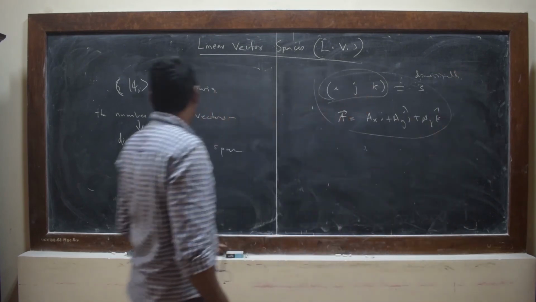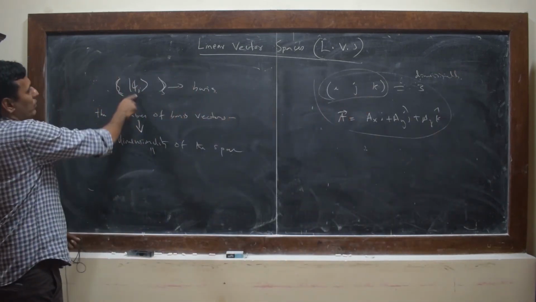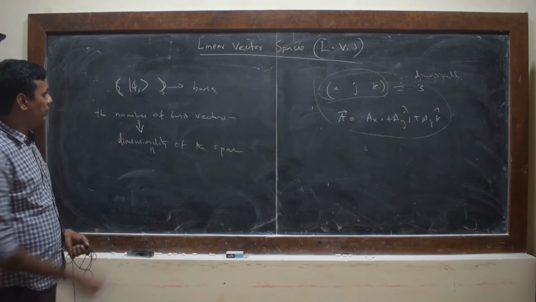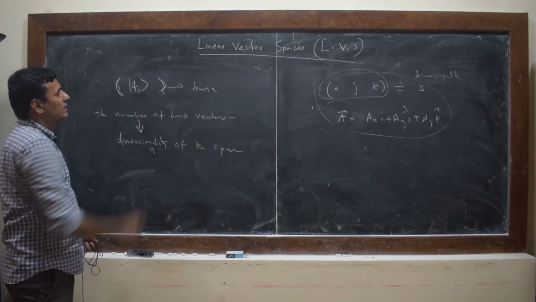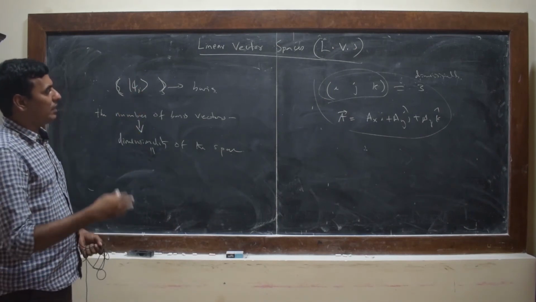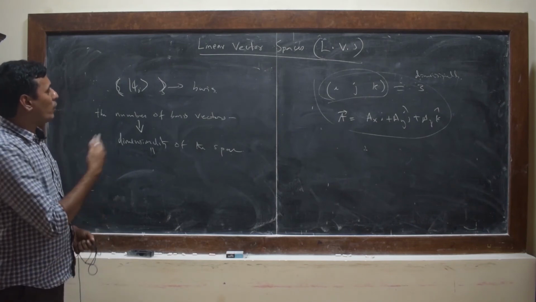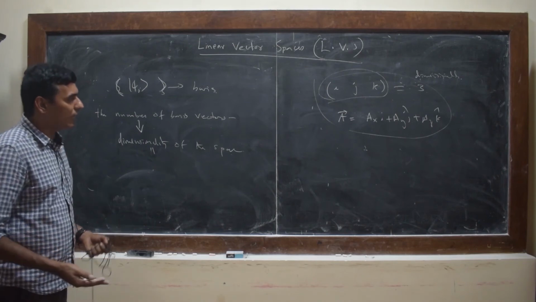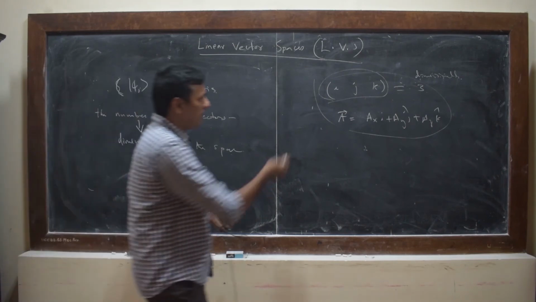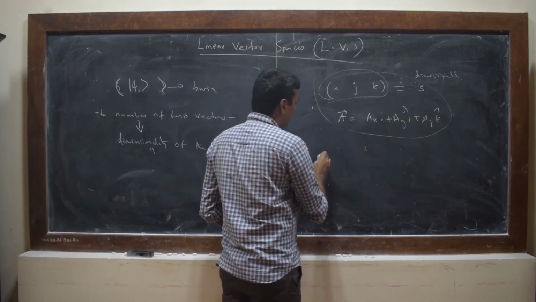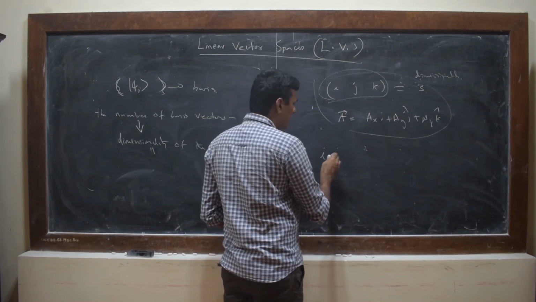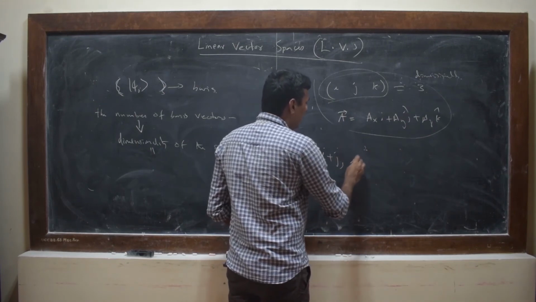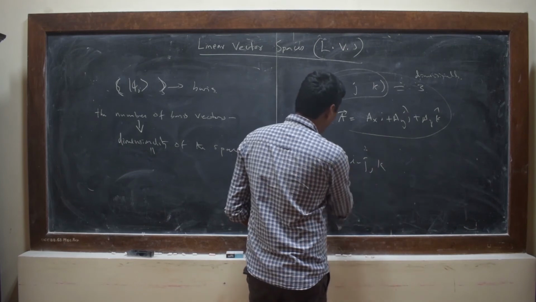Okay. Another point which you note is that, given a space, the number of basis vectors will be the same, but the choice of the basis vectors will be different. It is not unique. For example, I told you i, j, k. Instead of that I can use i plus j, i minus j and k.